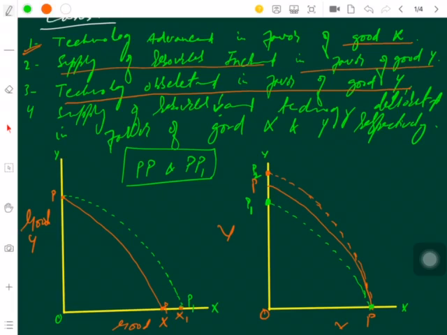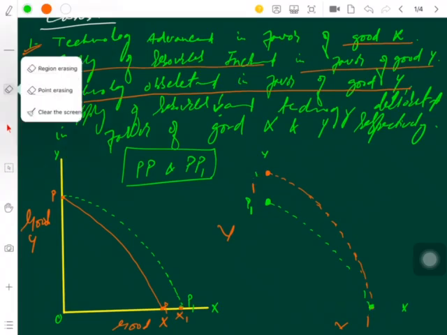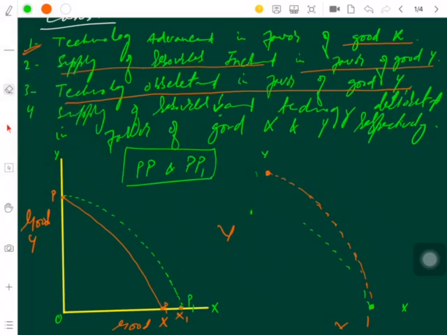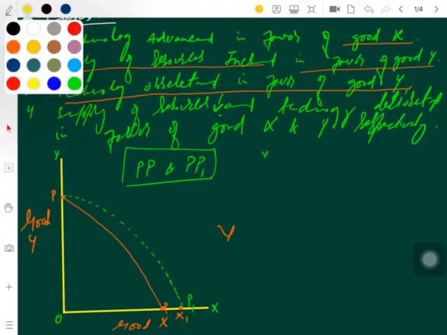Or last but not least, I'll take a new production possibility curve so that it may remain in your sight and we may at the same time draw the PP curve.